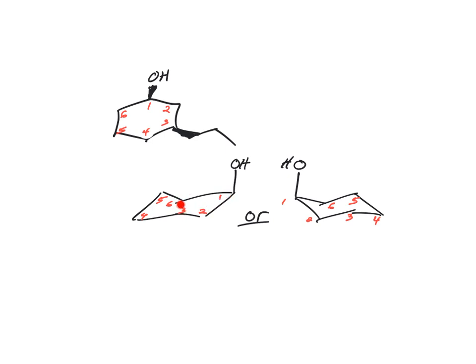It goes every other one. Axial up on carbon 1, axial down on carbon 2, axial up on carbon 3, axial down on carbon 4, axial up on carbon 5, axial down on carbon 6. The axial and equatorial positions switch every other carbon.